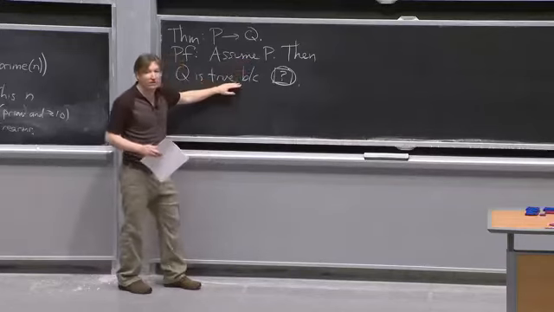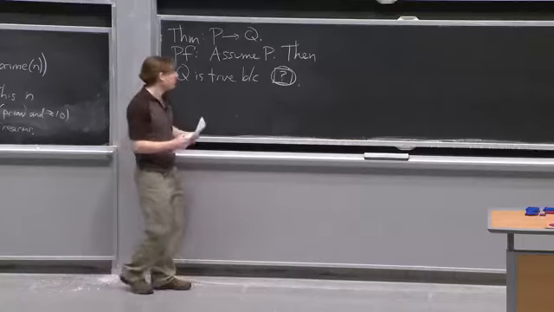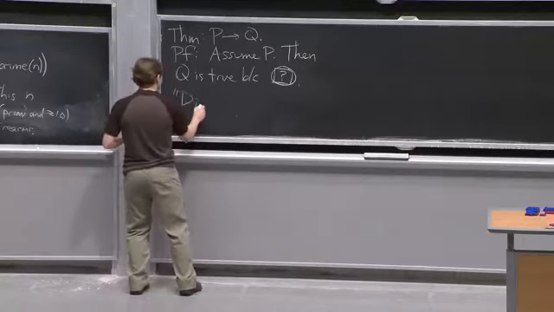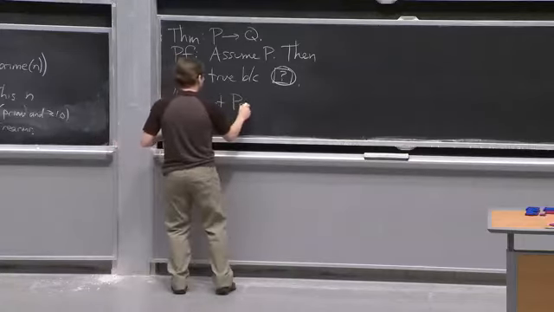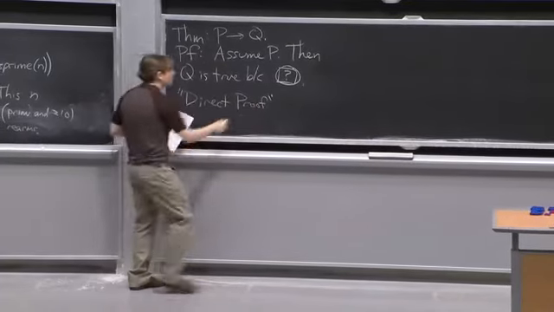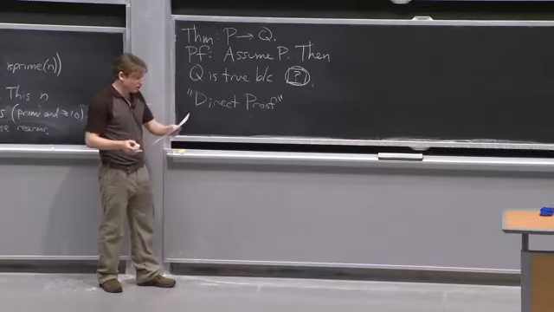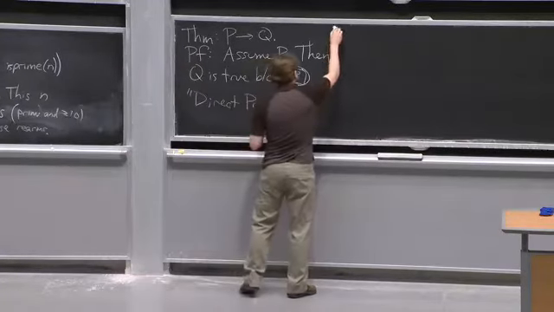Assume P, use that to show Q. Whenever we're trying to prove an implication, this is a common way to do it. This is called a direct proof. We're going to see indirect proofs a bit later. But there is another common way.